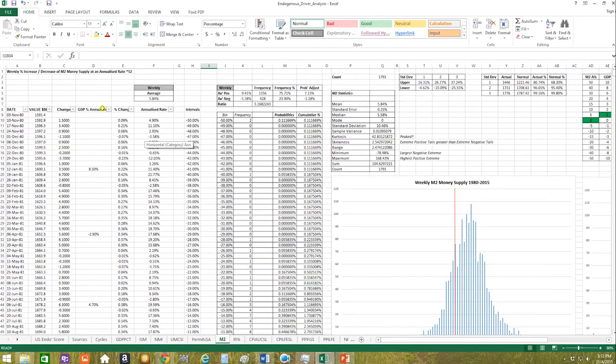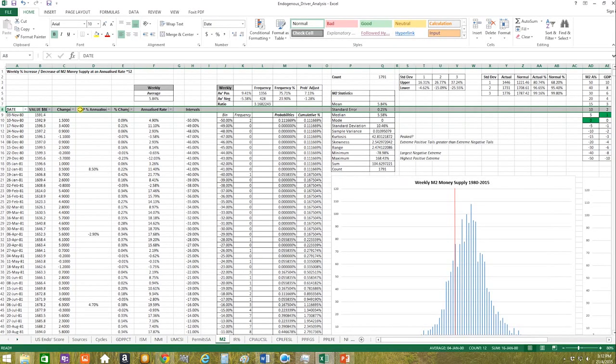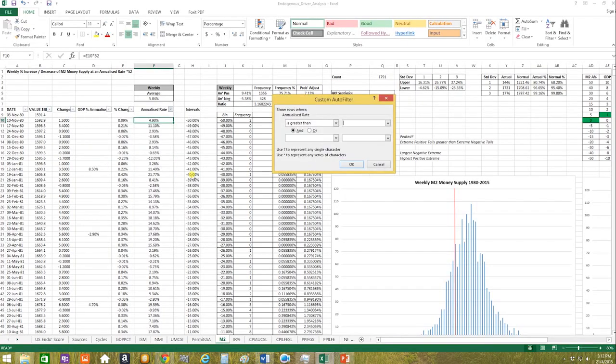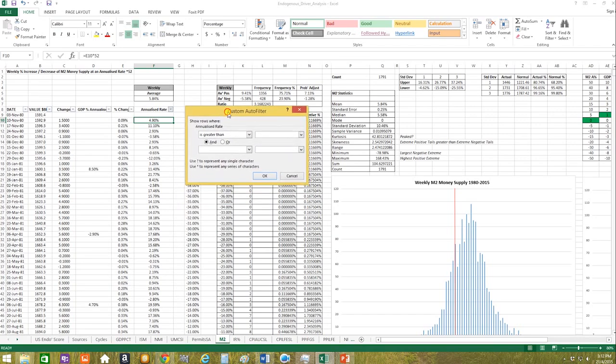If we add filters to each of our columns, we can then look, as we did earlier in Chris's analysis, to filter our data by extreme positive and extreme negative moves.